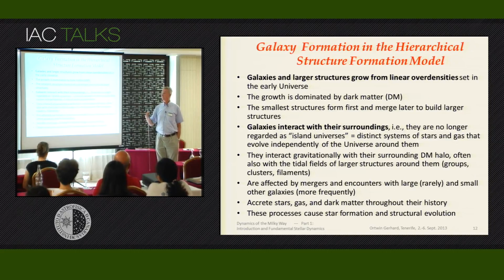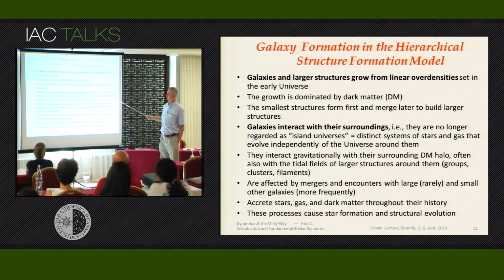And together with various observations and models of the large-scale structure, it appears that the so-called lambda CDM cold dark matter model gives a very good description of many of the aspects of the structures that we see in the universe. Perhaps with one exception of the smallest scales in galaxies.